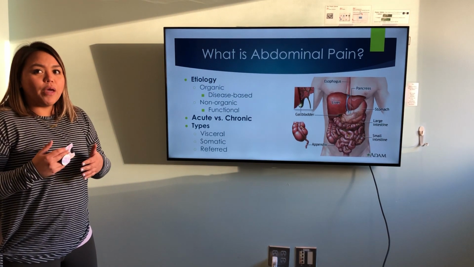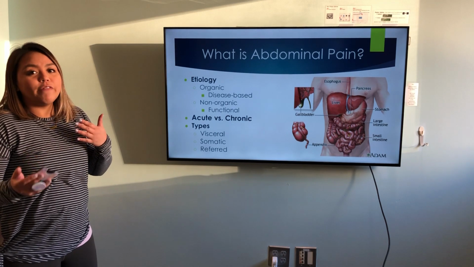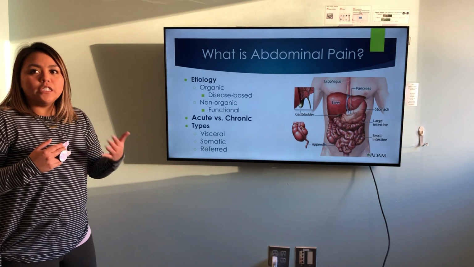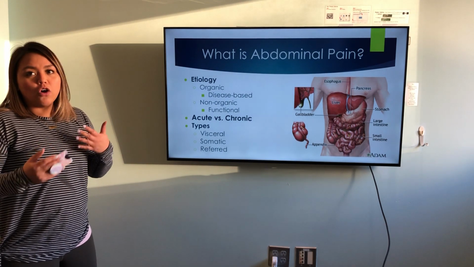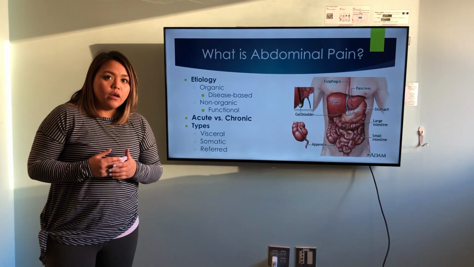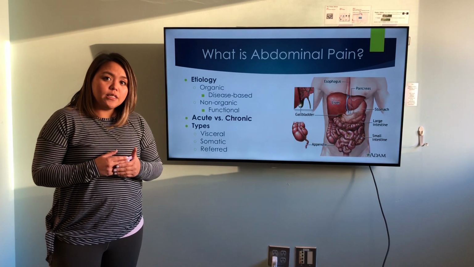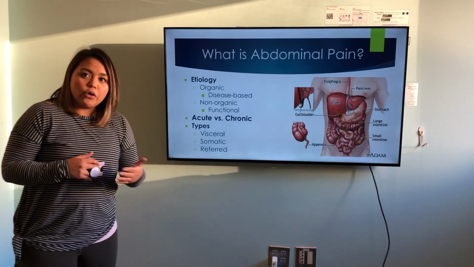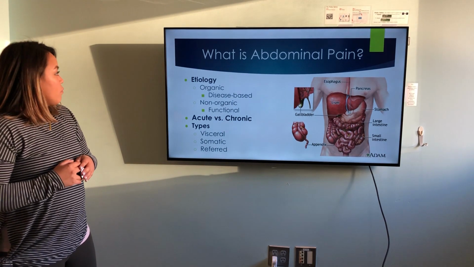It could be an inflammatory cause. It could be an anatomic, physiologic, or metabolic cause. On the other hand, non-organic cause of abdominal pain is the kind of pain that is functional, meaning there's just no clear cause despite the symptom.